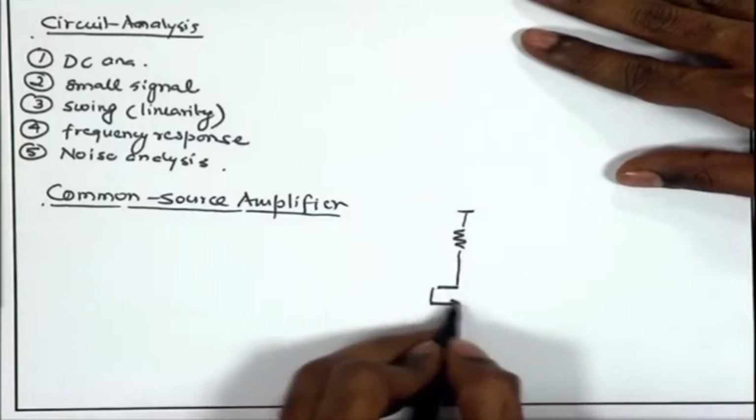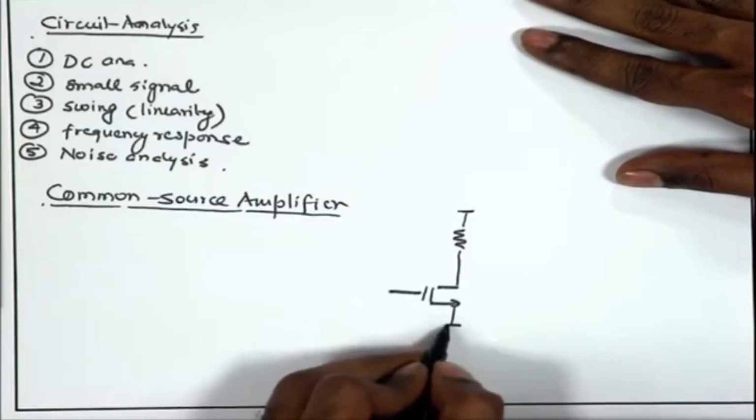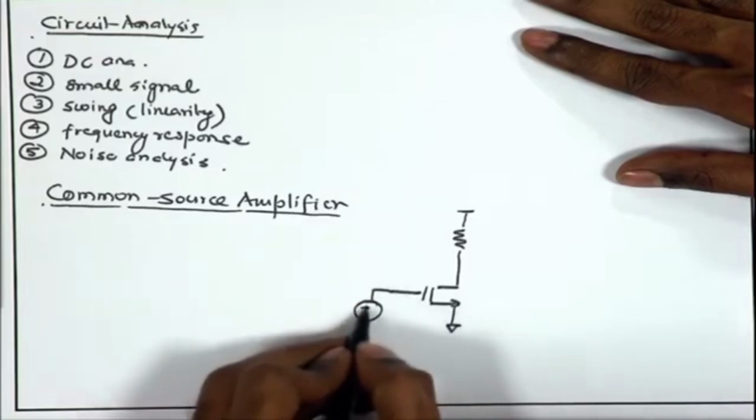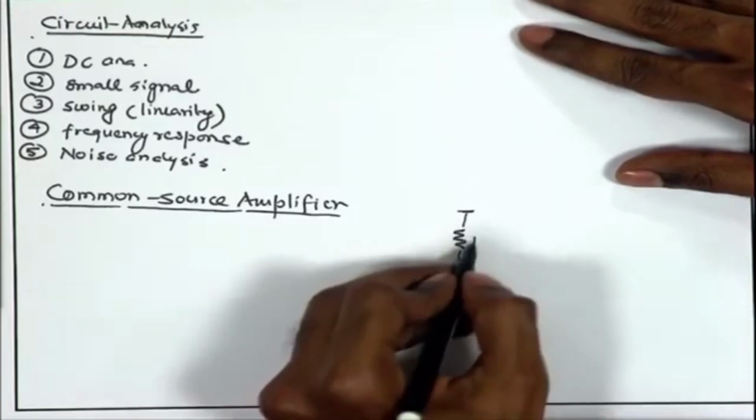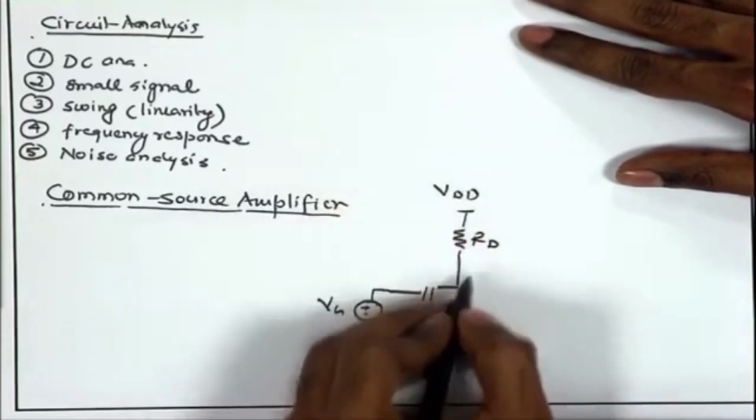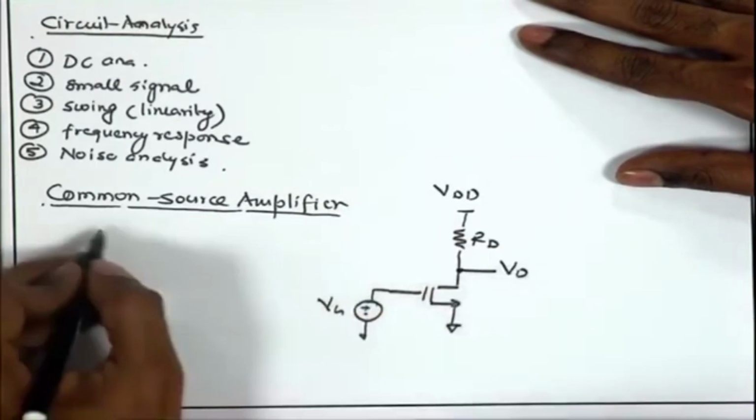So first we will be looking at the DC characteristics. You are applying a gate voltage Vg, you have some Rd, and you are looking at the Vd.